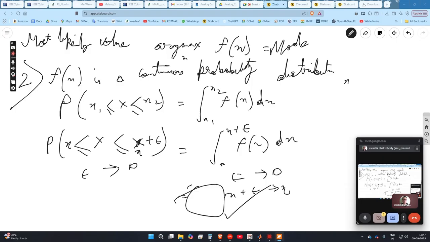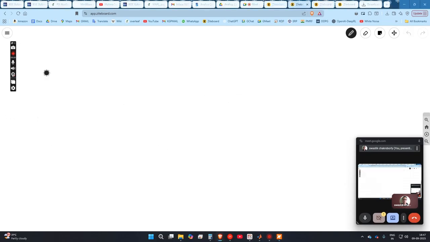Next is the function fx, given as lambda e to the power minus lambda x, where x varies between minus infinity and infinity and lambda is a scalar. Is it a valid PDF?